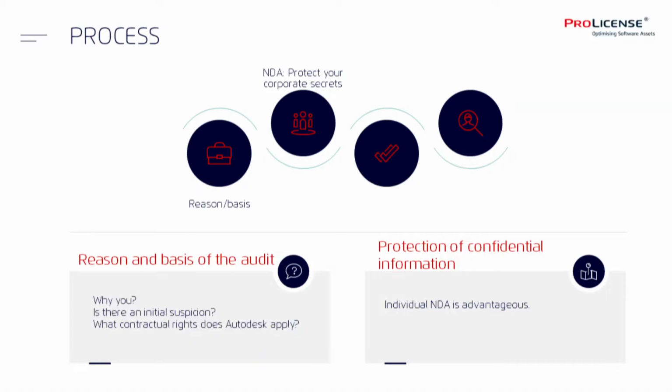Autodesk needs to provide that to you because they will want to reference the audit clause that is incorporated in this agreement. So then you have a basis once you've found that. It's not easy for Autodesk to find that contract. So you're going to have to wait until they can provide that. So that's one thing.